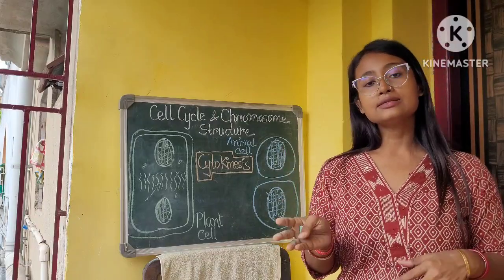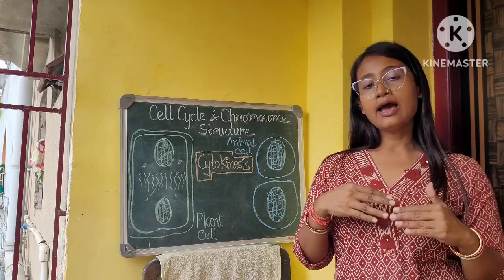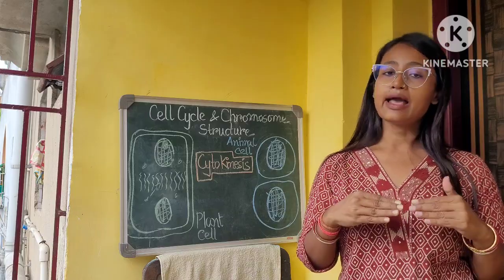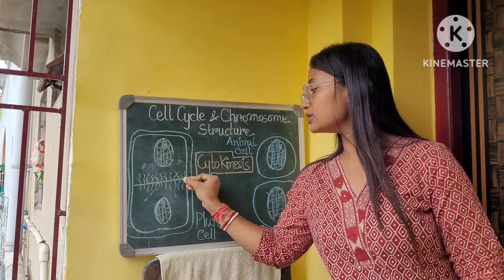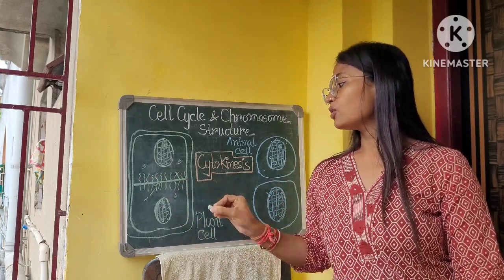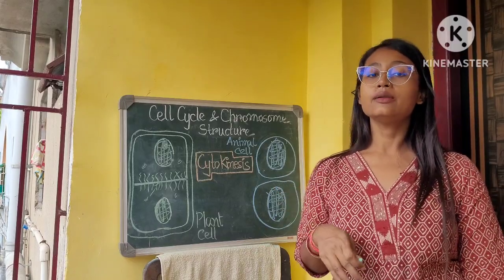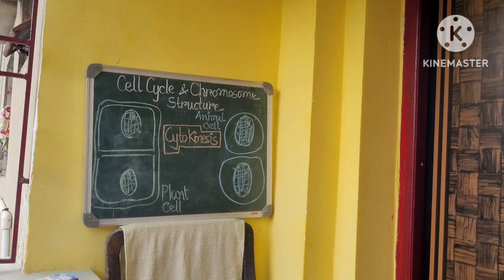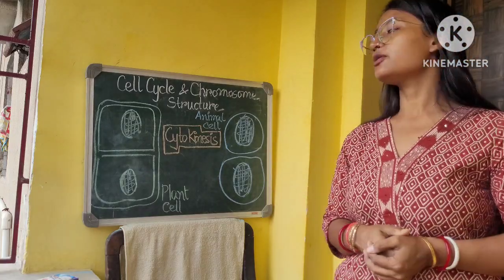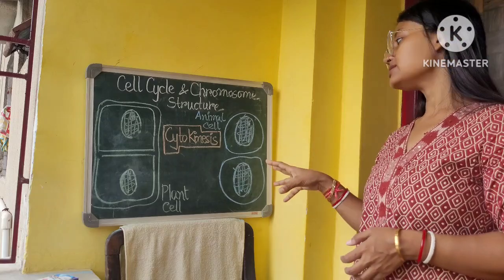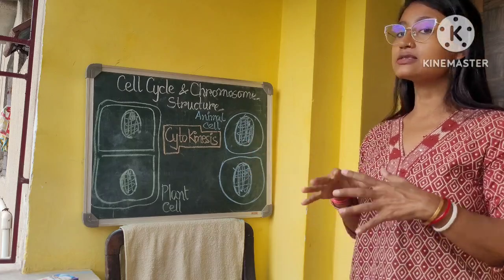As we know, the plant cell wall can be divided into three layers: the middle layer, and after that the primary layer, and after that the secondary layer. This middle layer actually appears first, and is formed from the cell plate which appears during the cytokinesis. So the cytokinesis in plant cells occurs with the help of the cell plate. So we have studied the cytokinesis in animal cells and plant cells. As we can see from the picture, in the case of animal cells, after the cytokinesis, both the daughter cells get separated from each other.